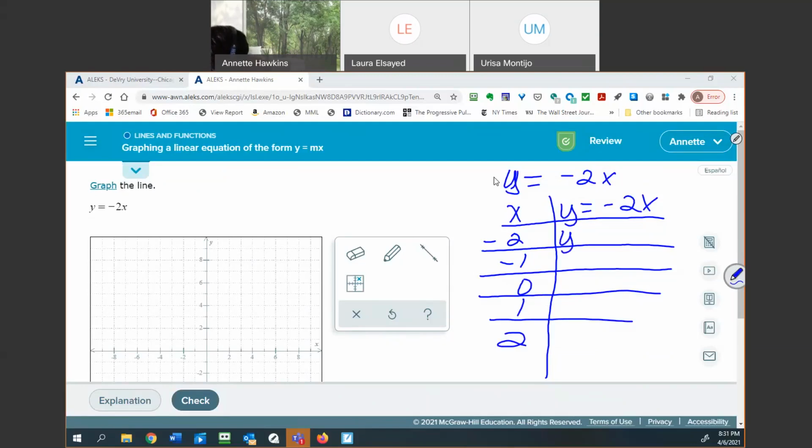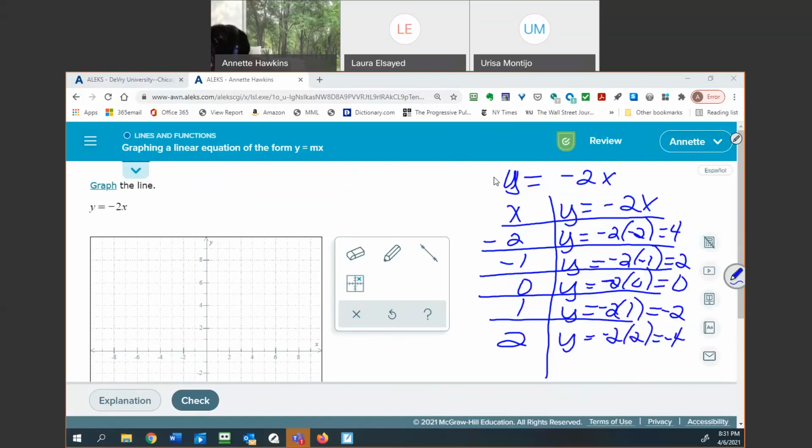Okay. -2 times -2 gives me 4. So that's (-2, 4). y equals negative 2 times negative 1, which is a positive 2. y equals negative 2 times 0, which is 0. y equals negative 2 times 1, which is negative 2. y equals negative 2 times 2, which is negative 4.